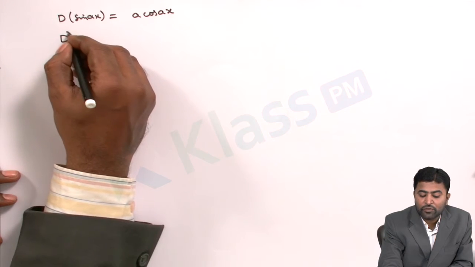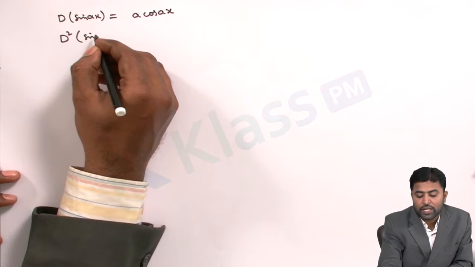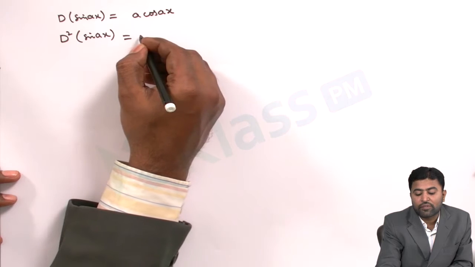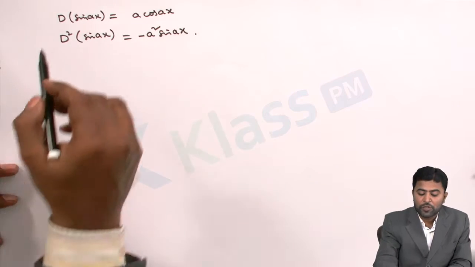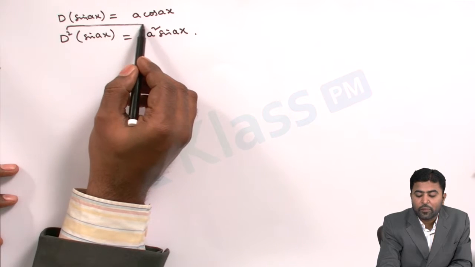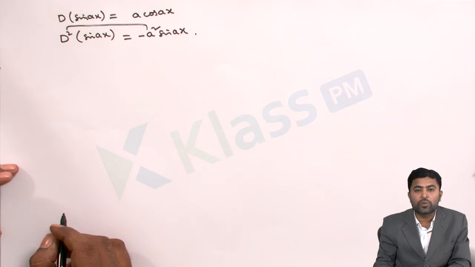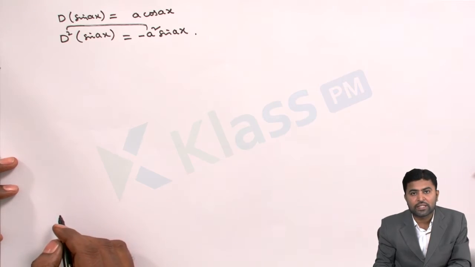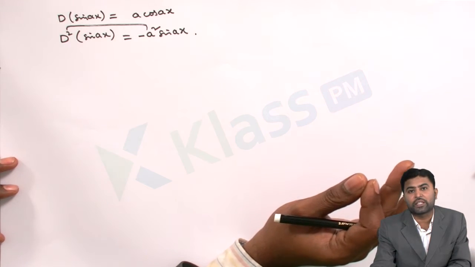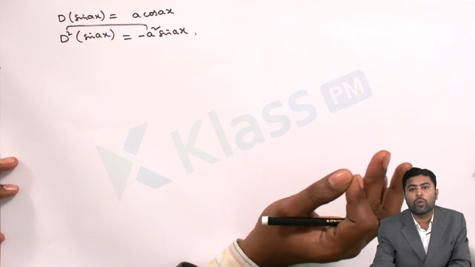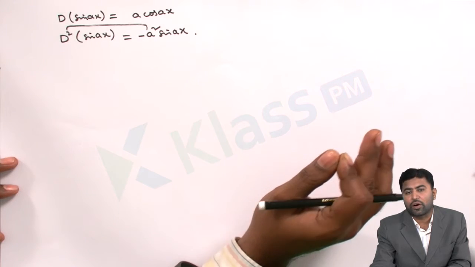If I differentiate one more time, the D square of sin ax, that will give minus a square sin ax. D square is getting replaced with minus a square. That's the reason I told you that, in short, we replace D square with minus a square whenever you have sin or cos.